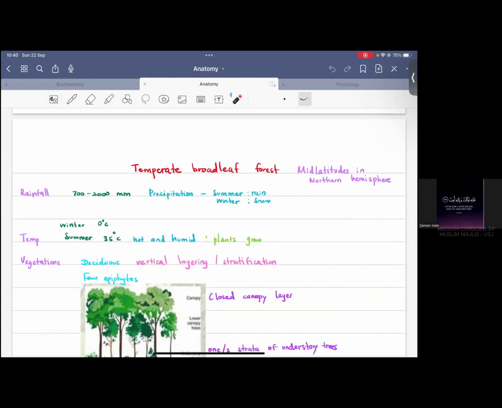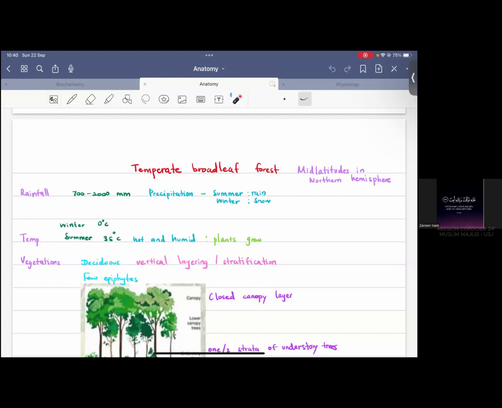It is in the mid latitudes, mainly in the northern hemisphere, and the average annual precipitation is between 700 to 2000 millimeters. In summer they will have the precipitation as rain, and in winter as snow. So they have this precipitation from 700 to 2000.